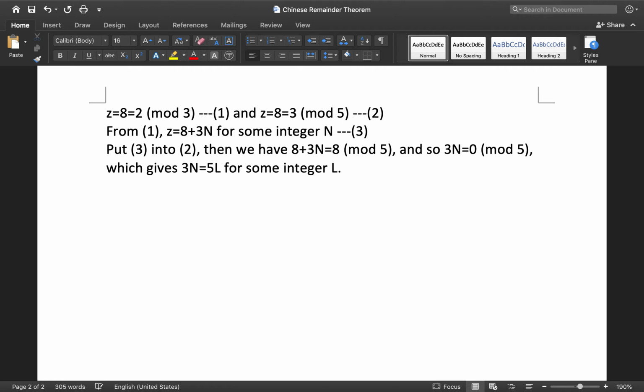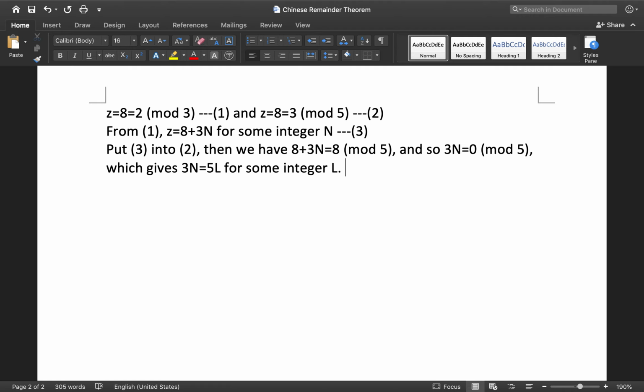Now think about it. If you have numbers n and l that satisfy the equation 3n equal to 5l, what can you say about n and l? One important key for this problem is that you have to observe that 3 and 5 are relatively prime, so they have no common factors except 1. 3n equal to 5l means 5l is a multiple of 3.